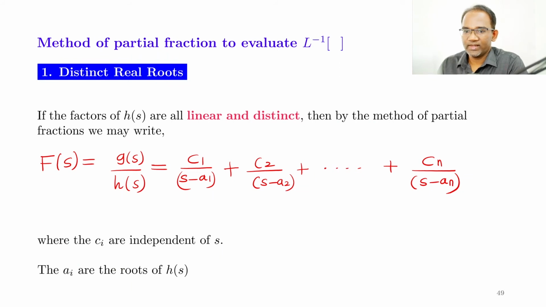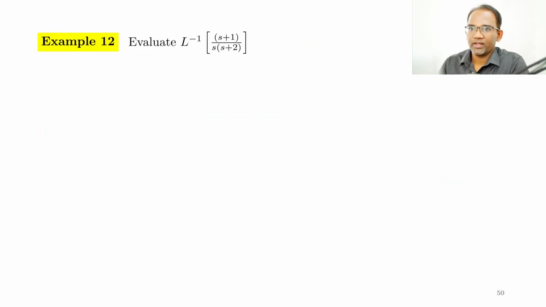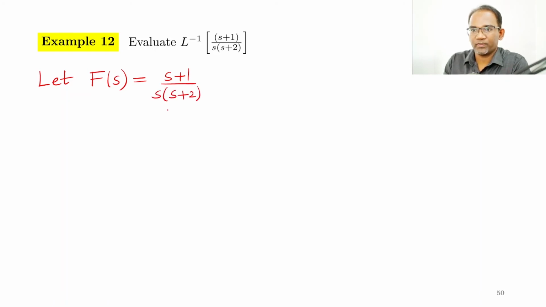To demonstrate this, let us do this problem. Evaluate L inverse of (s plus 1) over s(s plus 2). So let us assume F(s) as equal to (s plus 1) over s times (s plus 2).